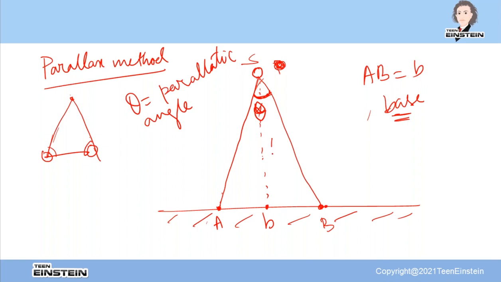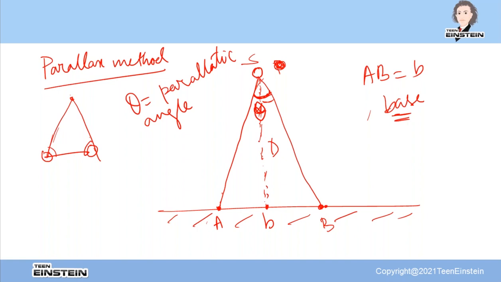If I know the angle theta, I can find this angle as well. Suppose this is a perpendicular bisector; then you can take this as b by 2 and this as theta by 2.